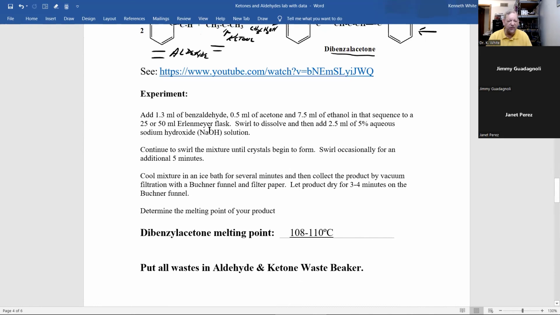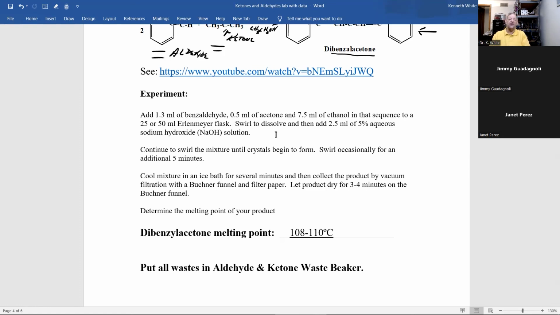Now, what we do is we mix a certain amount of benzaldehyde and acetone in ethanol. You swirl it in an Erlenmeyer, then you add 2.5 milliliters of base, and you start swirling for about 5 minutes. All of a sudden, you see this yellow solid form in there.